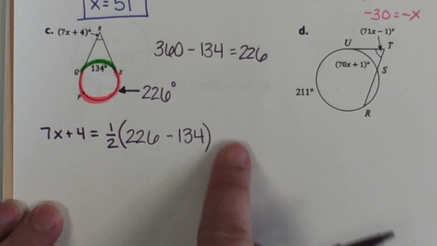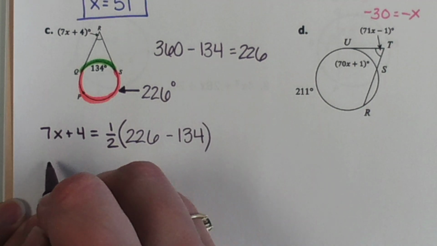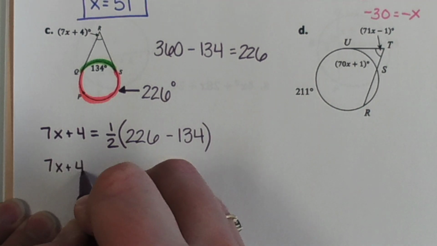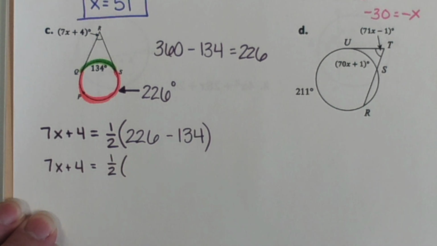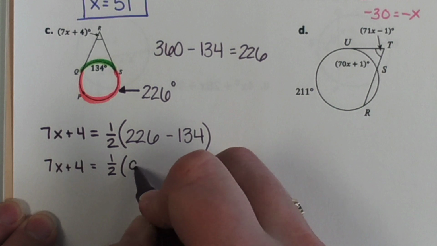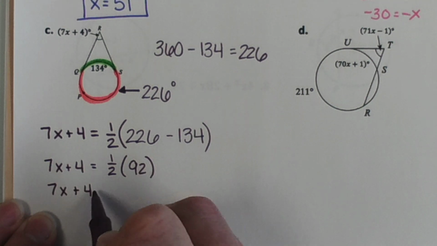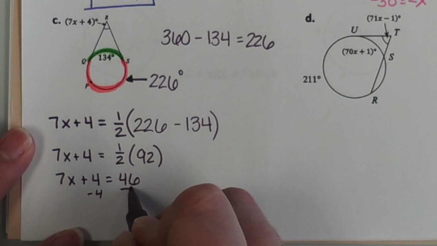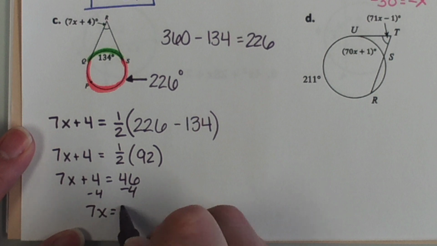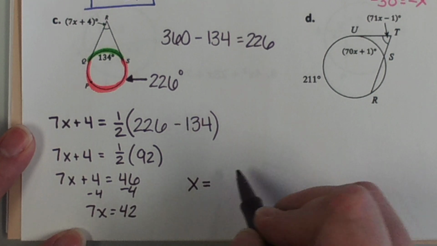But if this side's all numbers, I would just PEMDAS that side. 226 minus 134 is 92. Half of 92 is 46. Subtract 4. 7x equals 42. Divide by 7 and x is 6.